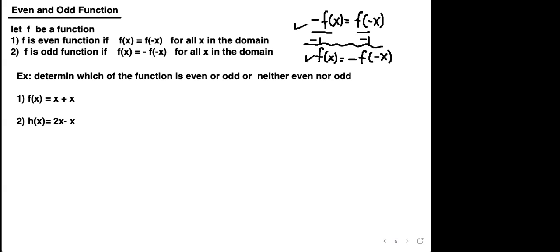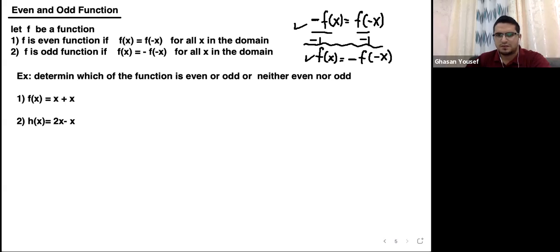So here, determine which of the functions is even or odd or neither. Here f of x equals x cubed plus x. Here h of x equals 2x minus x squared. For the first one, I'm going to do it by myself. For the second one, I will let one of you do it. Now, to check whether this function is even or odd, we do not sum the exponents.